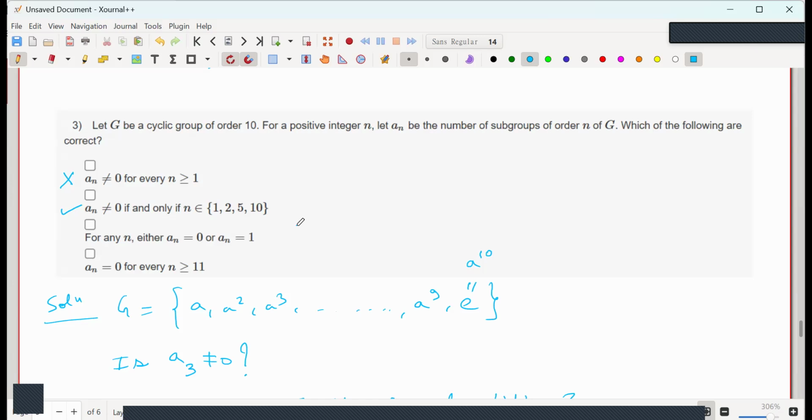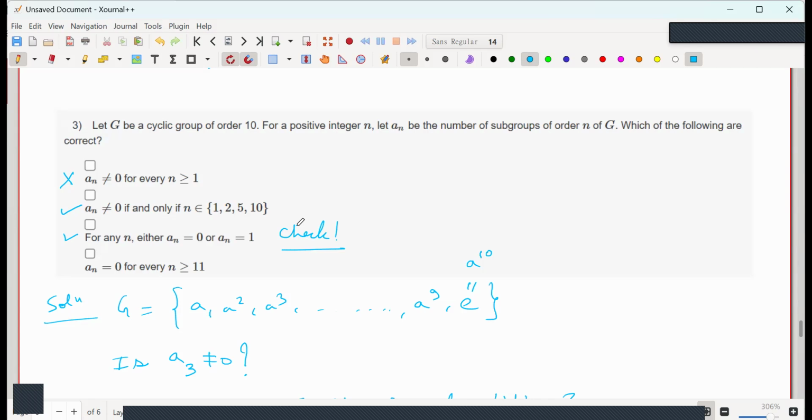And for any n, either A_n equals 0 or A_n equals 1. That also you should check: if the subgroup is there, then it's a unique one. So I leave it to you. For cyclic groups, the only subgroups are those of order n, where n is a divisor of the order of the group, say the order is m.